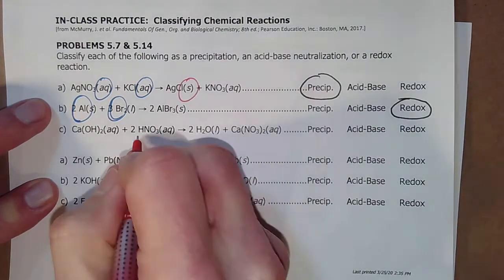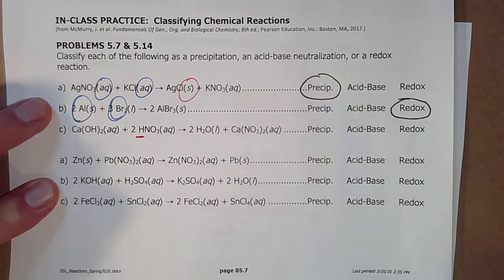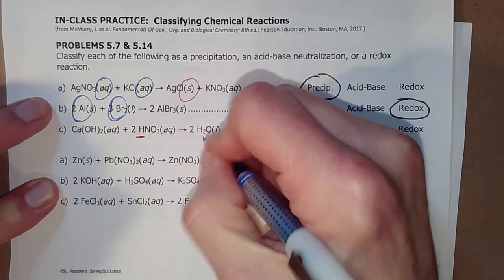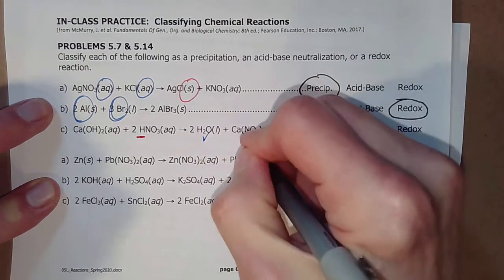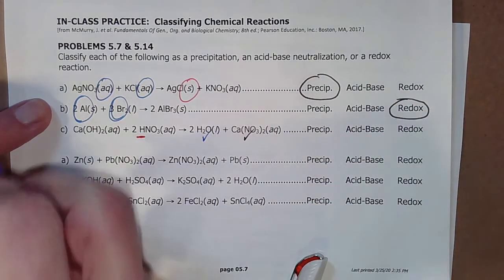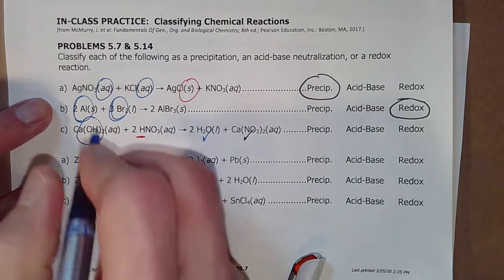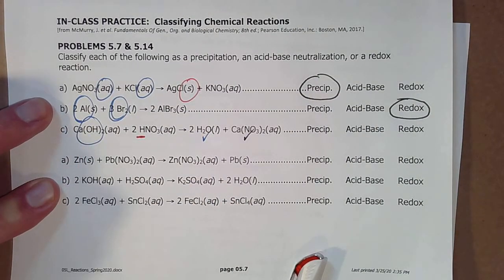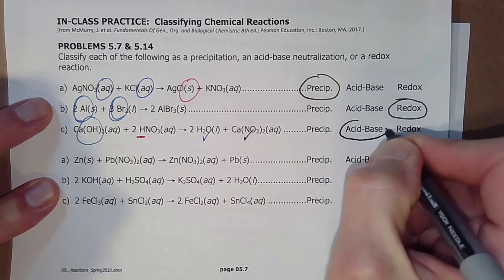Down here I see, well, gosh, that looks like it might be an acid. There's water. There's an ionic compound. Over here I remember, oh yeah, that's right. That's old hydroxide. So I say, okay, that's acid-base neutralization.